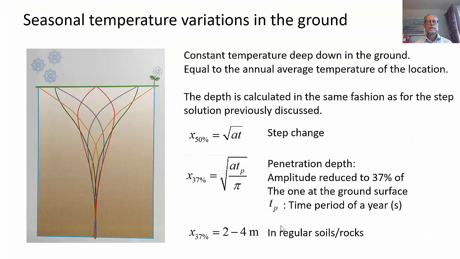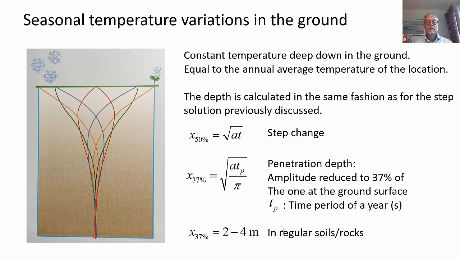We can also look at seasonal temperature variations in the ground. We know that we have a warm season and a cold season, so the temperature at the ground surface is changing from winter to summer, back and forth, back and forth. And there are some simple rules for that as well, for how deep this disturbance goes down into the ground.